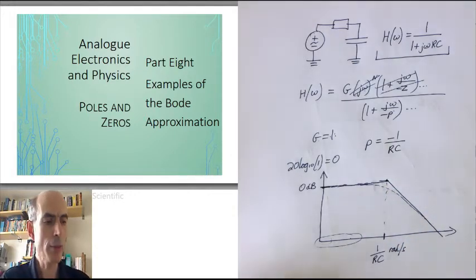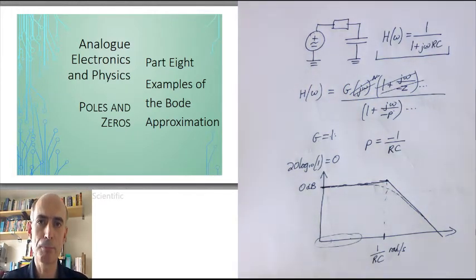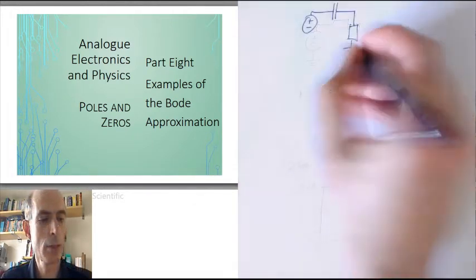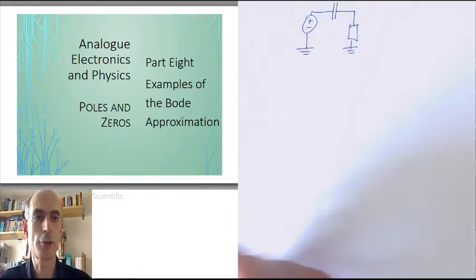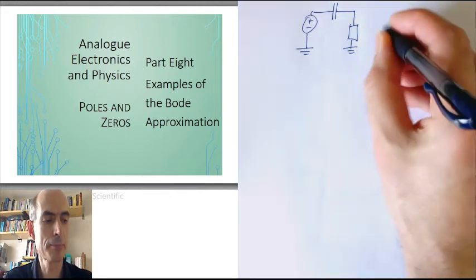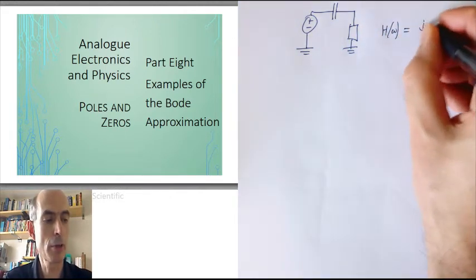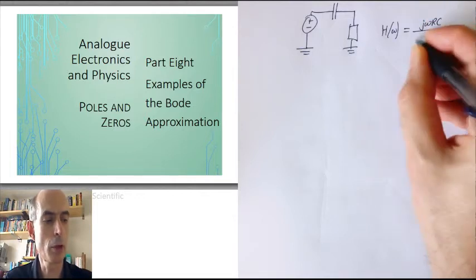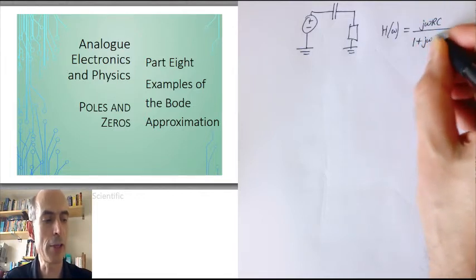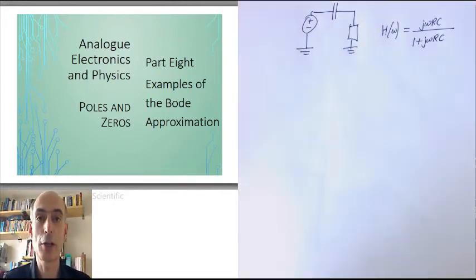Now, how about that case where the capacitor and the resistor are the other way round? We'd have this circuit, and the frequency response of this circuit was j omega RC over 1 plus j omega RC. Again, we can derive that just simply using the potential divider equation for this circuit.